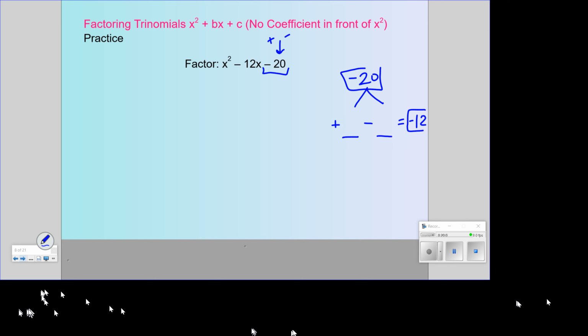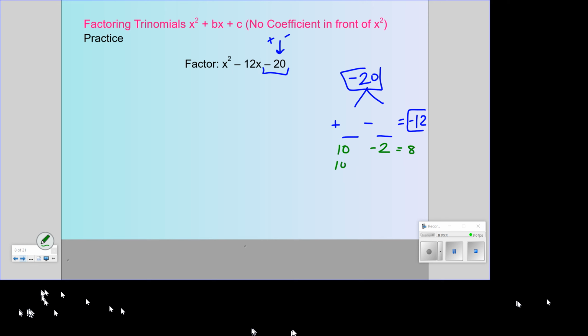So we're going to be adding one positive and one negative number that also multiply to be negative 20. Let's think of our factors of negative 20. The two that would add up to 12 would most likely be some combination of 10 and 2. However, if we make the 10 positive and the 2 negative, that adds up to be 8.